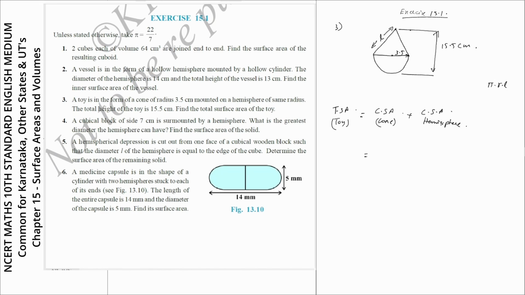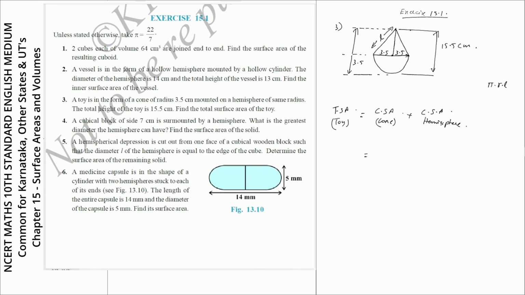Now I'll draw one perpendicular from top of the cone here, like this. Now since the radius of hemisphere is 3.5, here also it is 3.5, therefore this will be height of the cone.